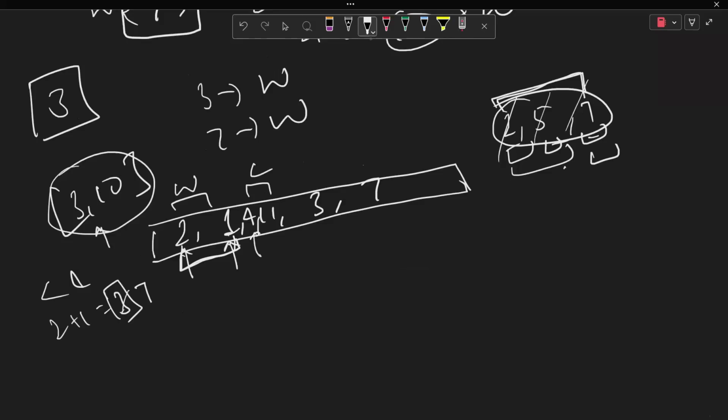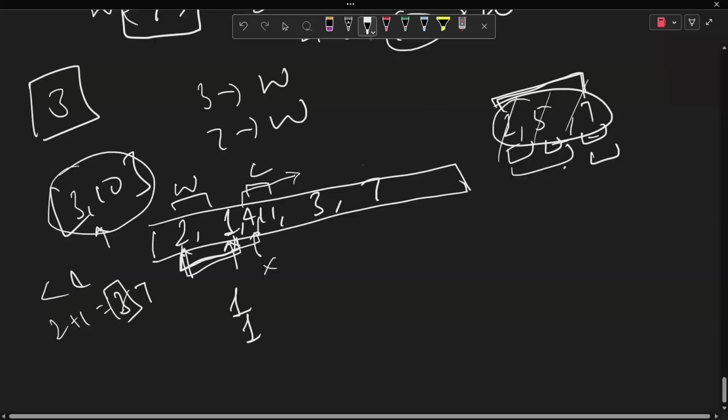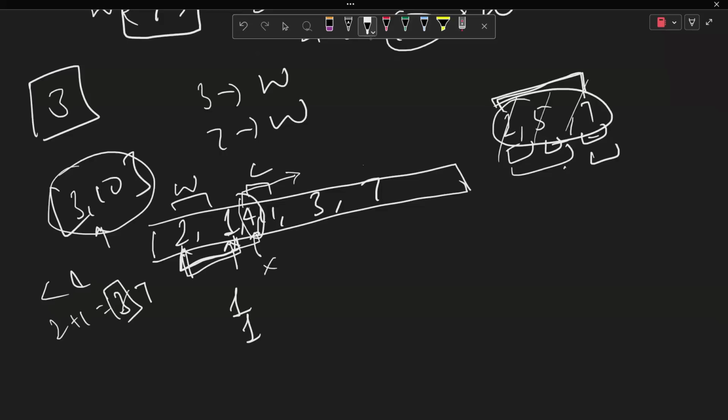You can utilize that 4 for some other group where you can have a winning combination. Or if this 4 cannot be utilized for some other group, it would remain rejected. There's no problem, because if you include that 4, you would still have one win. If you don't include it, you would still have one win from this. But by not including it, you may increase your chance of having one more win using that 4.